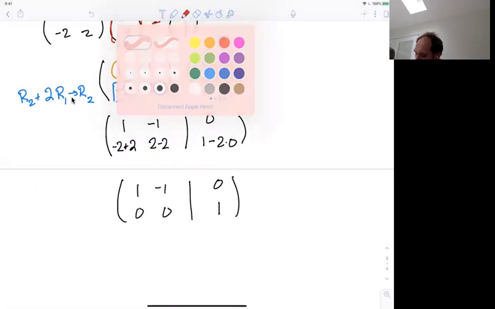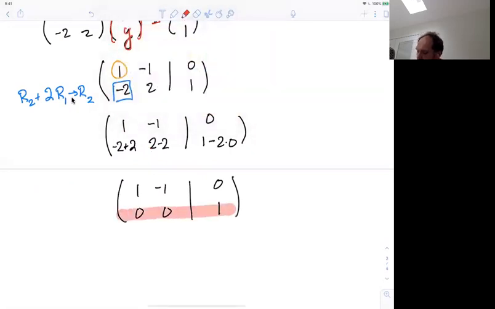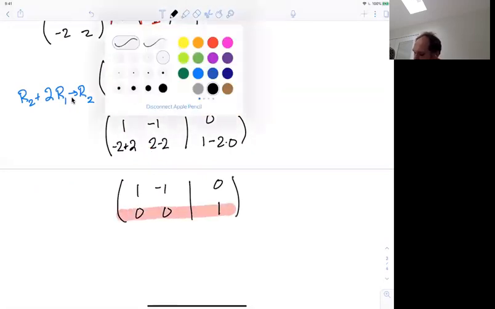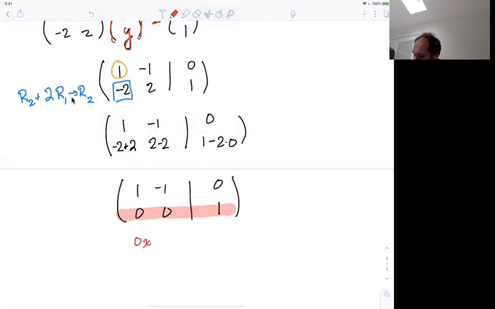So right here, if we translate what this actually means, it literally means 0x plus 0y equals 1, or 0 equals 1. So this is what we're going to call a bogus row. It's not a technical term, but it's very apt, very descriptive, that this is bogus. You can't ever have this.